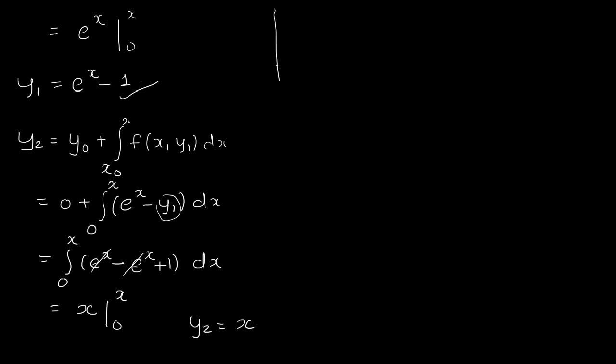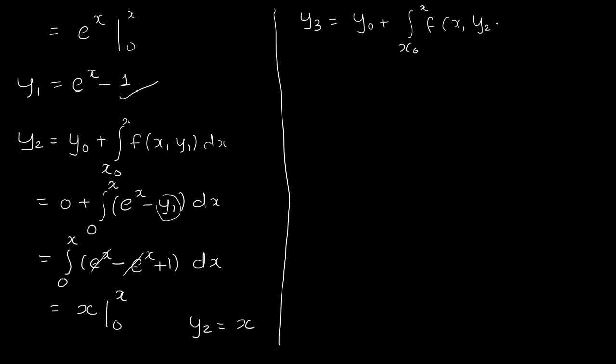Now I will go further for my third iteration, y3. y3 will be given by y_0 + integral from x_0 to x of f(x, y2) dx. y_0 is 0, x_0 is 0, so 0 to x of f(x, y2), which will be e^x - y2, dx.